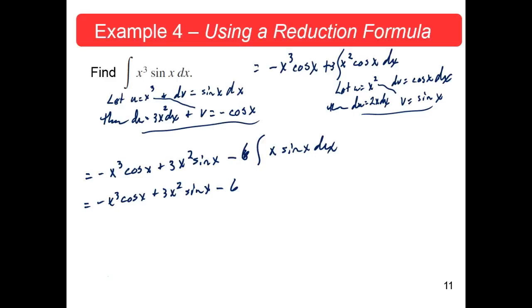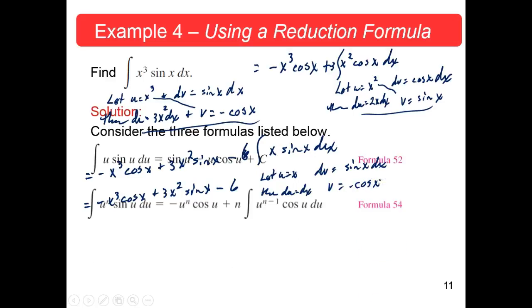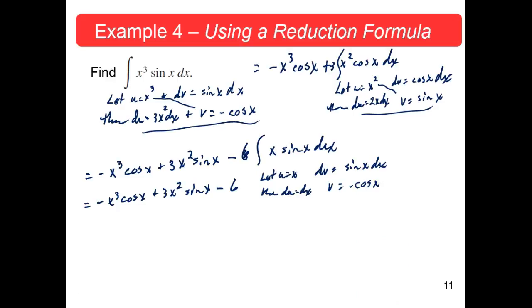One more time, okay? This is going to be let u equal x, dv equal sine x dx, okay? Then du is equal to dx, and v is equal to minus cosine x, right? Yay or nay? Got it?